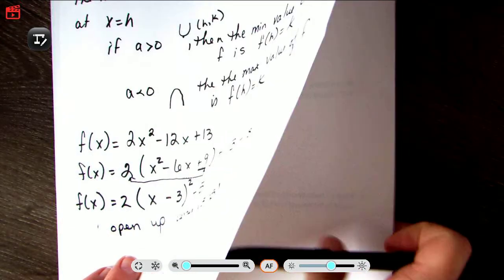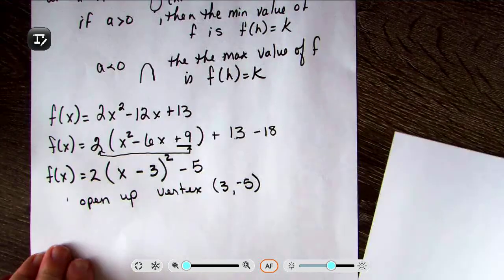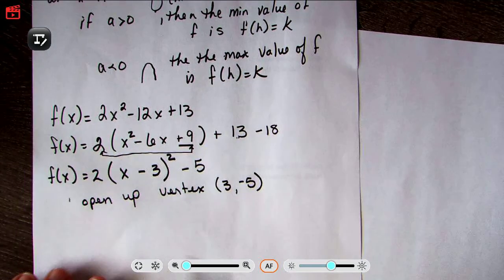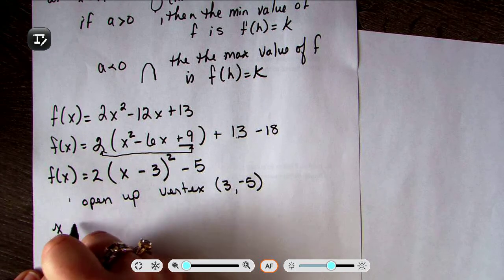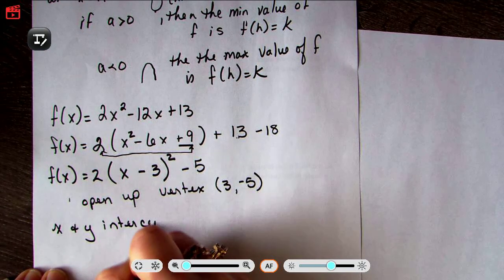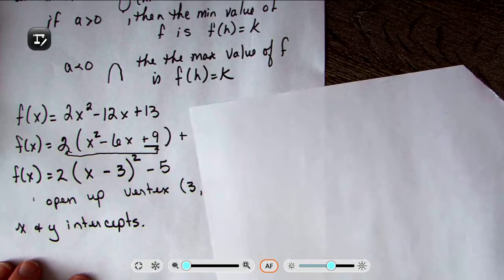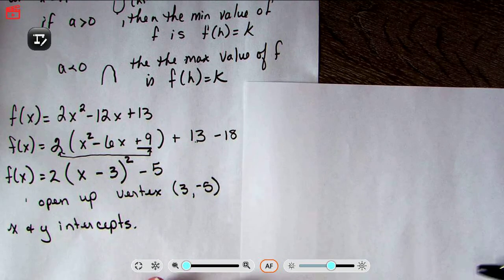The important pieces that we want to plot are, so we need some other points to kind of get an idea of what it looks like, is we're going to find those x and y intercepts as well. Okay, and then we'll get a more detailed graph of what this thing looks like.